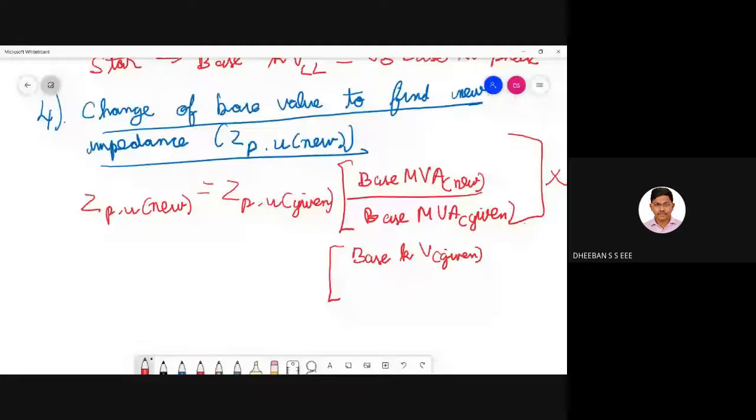Okay, so this is the basic formula, and now we will be seeing how we got this Z per unit new, how we ended up in this formula.